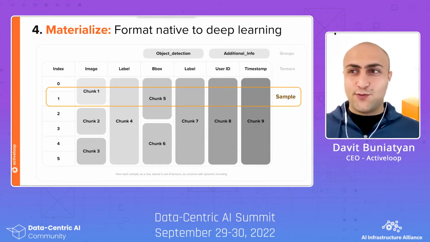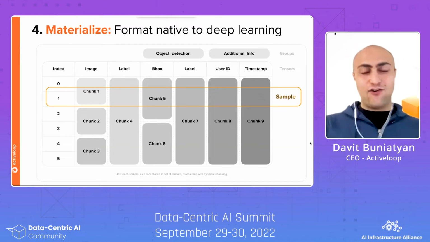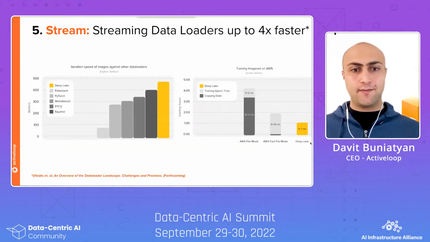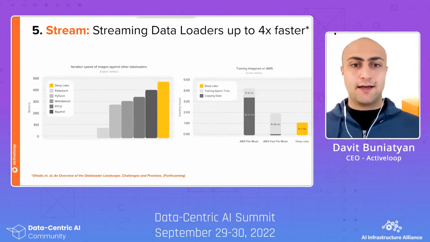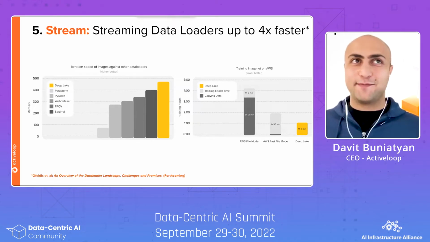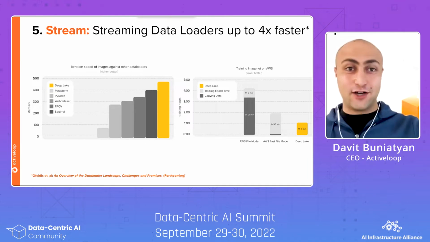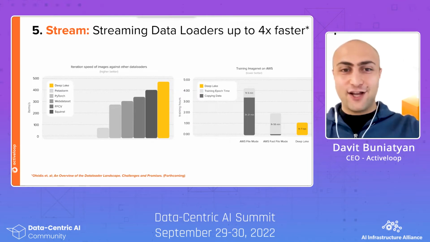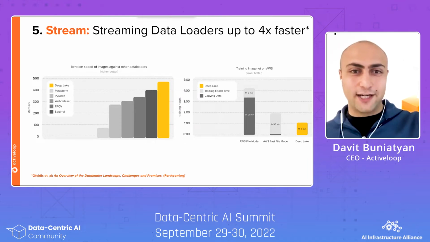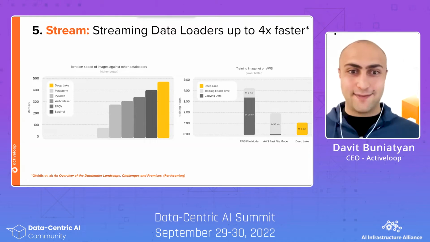And then the next thing, once the data is in our format, we actually provide the fastest ever data loader that streams the data from remote storage, or it could be local storage as well, to your GPU training job. And the GPU training job could be a distributed training job.